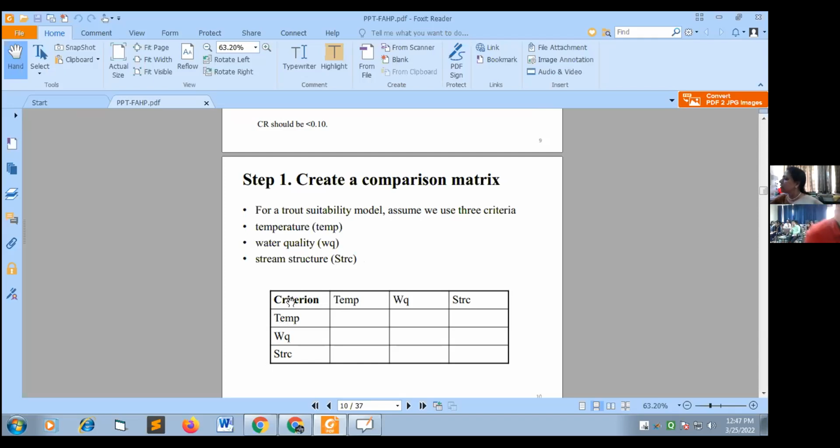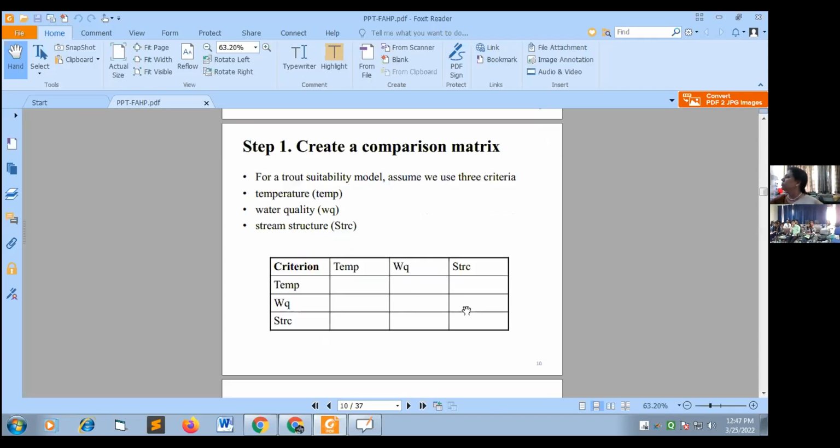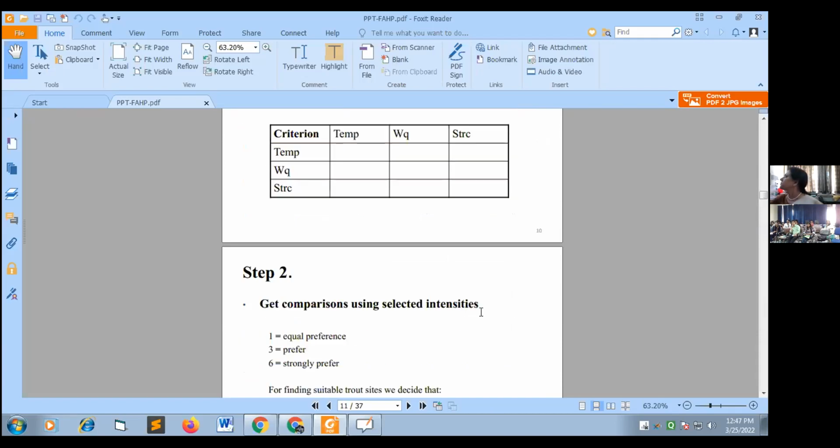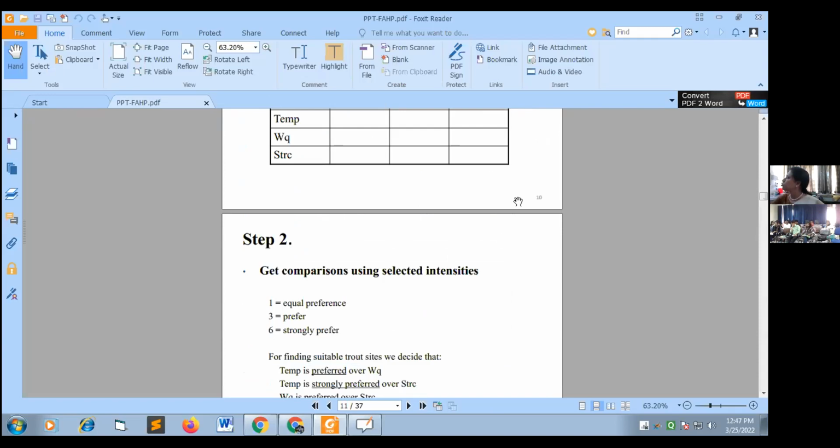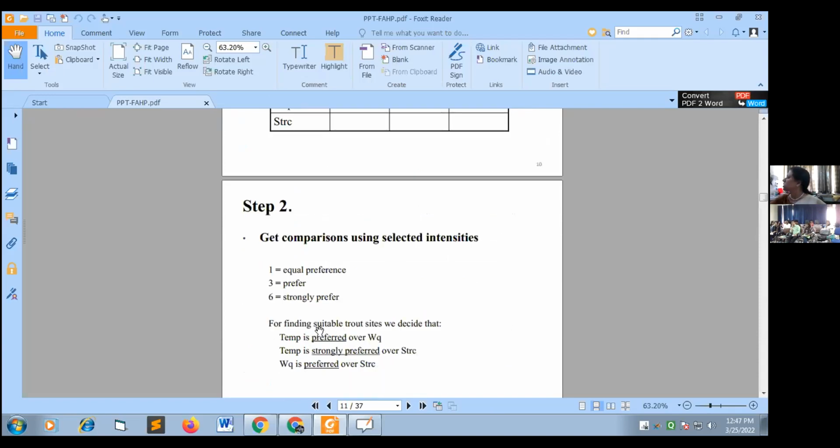This is the pairwise comparison matrix for these three criteria. The decision maker has to decide: 1 for equal preference, 3 for preferred, and 6 for strongly preferred. This is the ranking used to make this matrix.